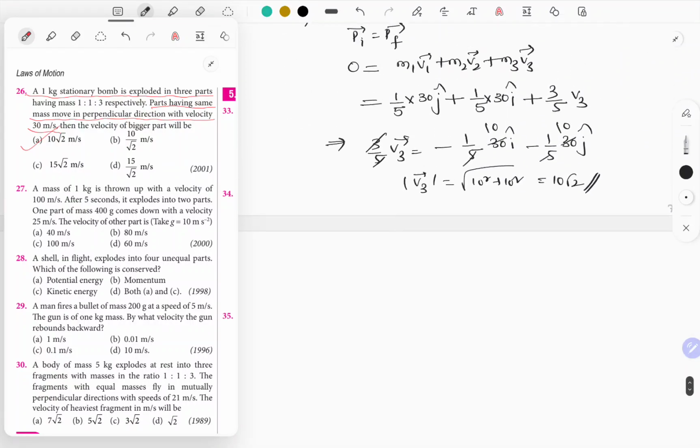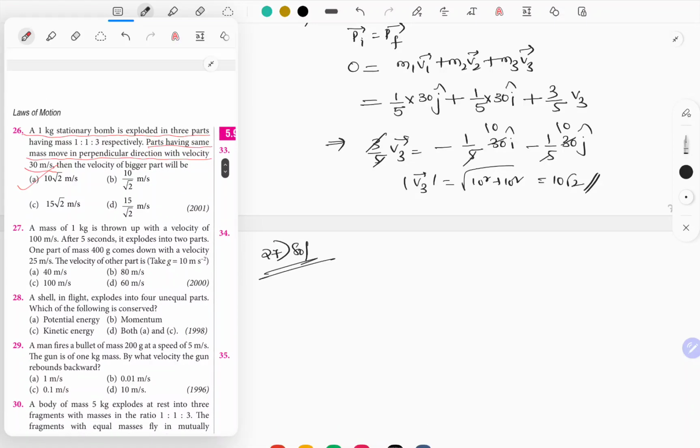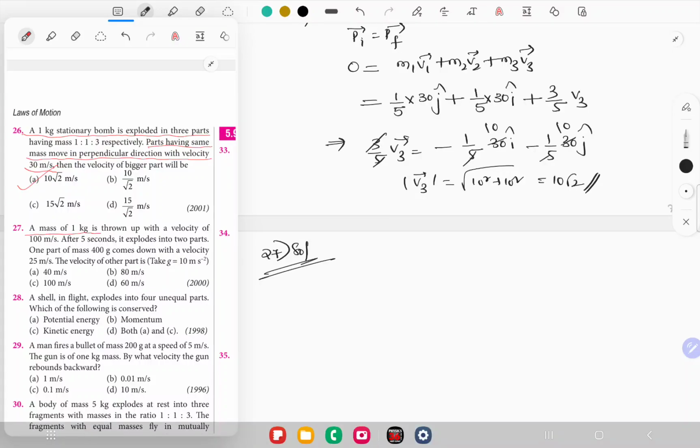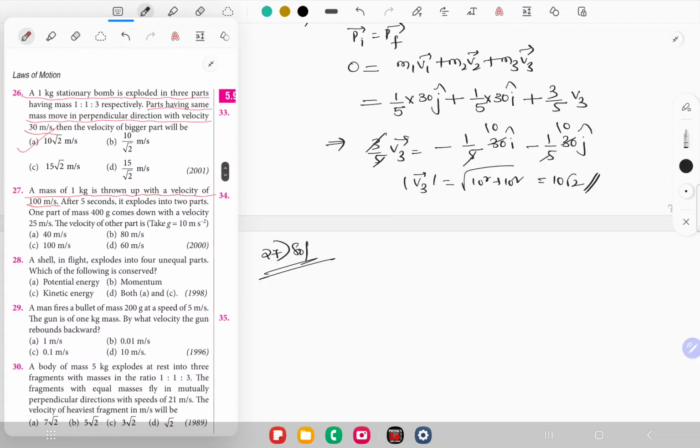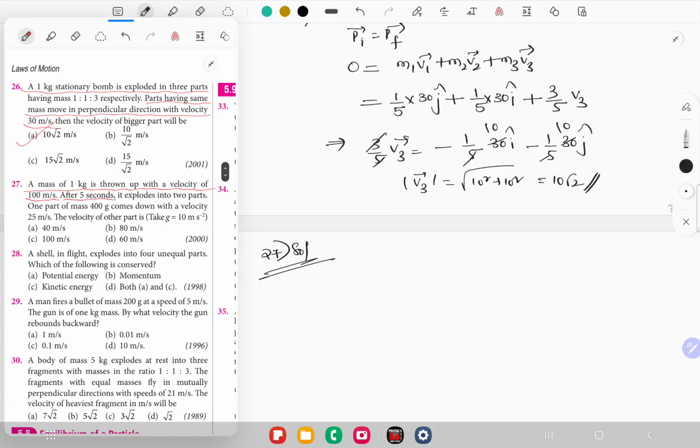Next, question number 27. A mass of 1 kg is thrown up with a velocity of 100 meter per second. After 5 seconds, it exploded into two parts.